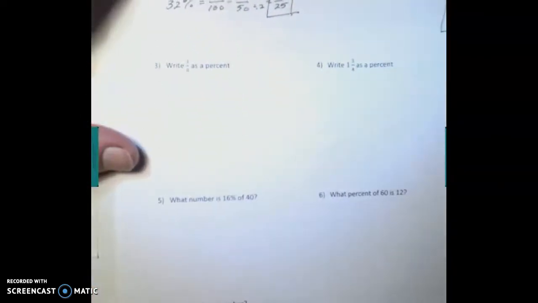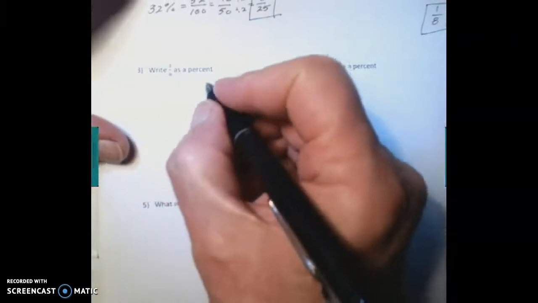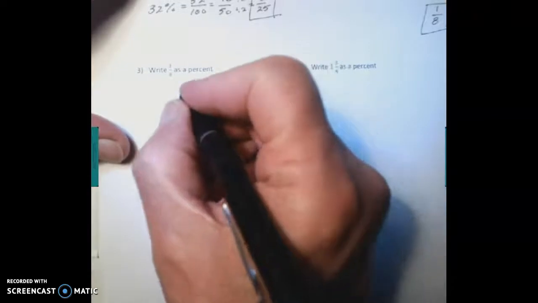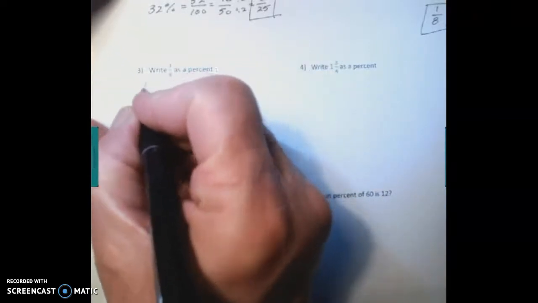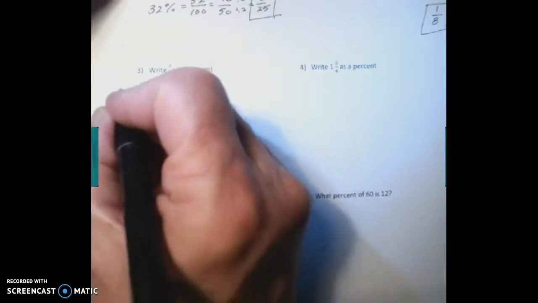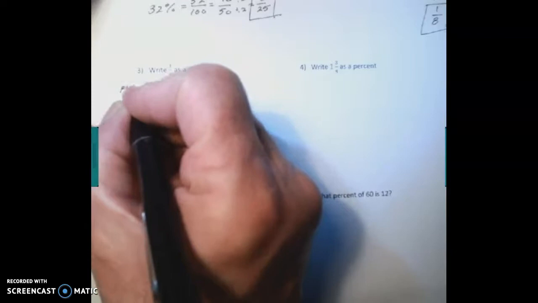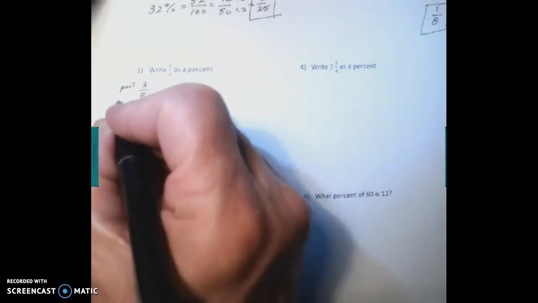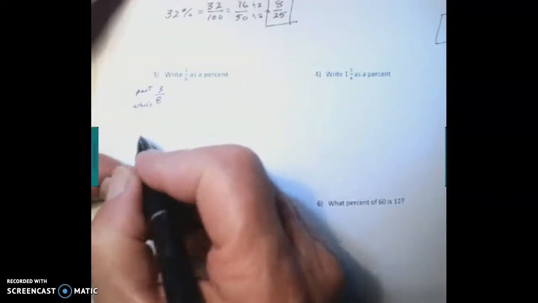Okay, question number 3. There are a couple of ways to handle this. One way is to think about what that fraction means. 3/8 means that you have 3 parts, and it takes 8 pieces to make a whole thing.